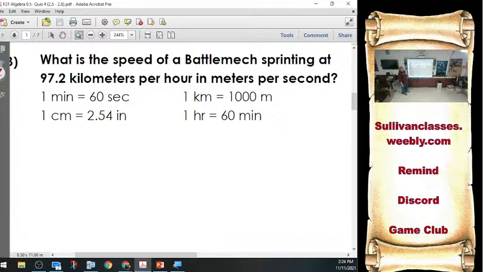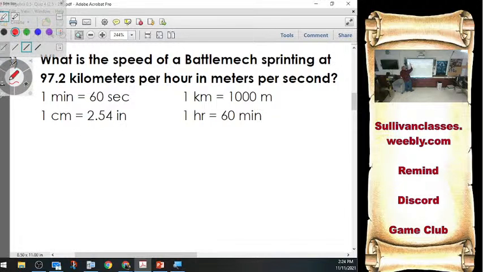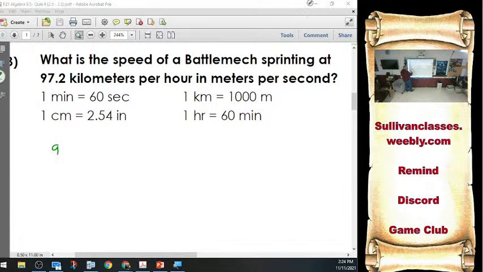All right. I always start with, what do I know? What do I know? 97.2 kilometers per 1 hour. Maybe that's something you should write to yourself.